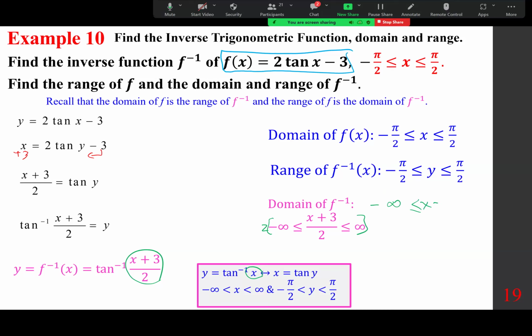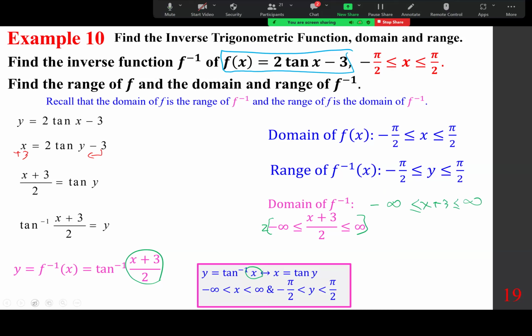Class, infinity is a concept, and this becomes very important to understand when we go to calculus. So when I multiply infinity by 5 or 10, or if I divide it by 20,000, or if I take a square root, it remains as infinity.